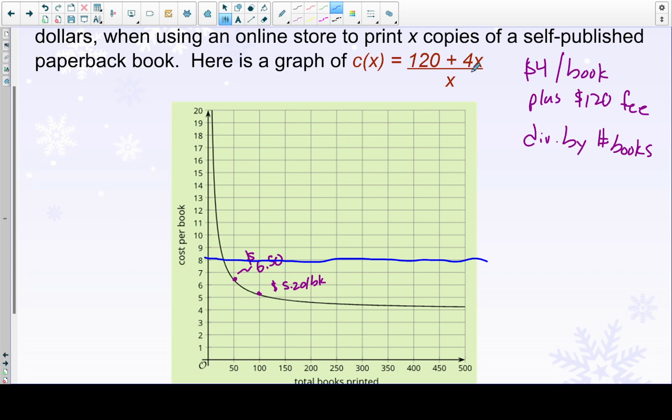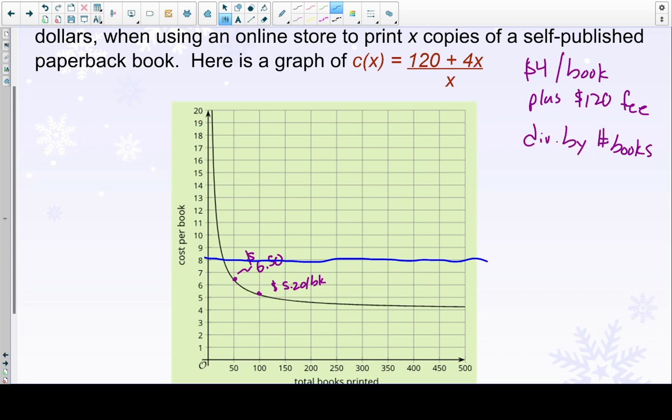Like if I buy, say, 1,000,000 books, what would 1,000,000 books cost? 1,000,000 books would cost me $4 million plus 120. And at that point, the 120 is almost meaningless, right? And I could divide by that. So just out of curiosity, let's open up a calculator. Although it's not going to show up here because I have it set to window presentation, let's go ahead and divide.